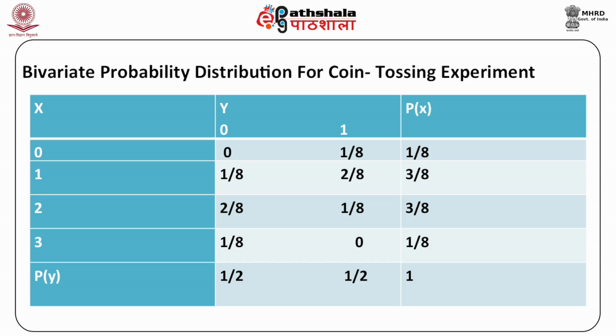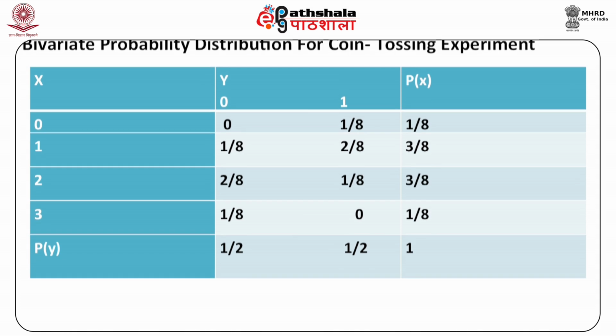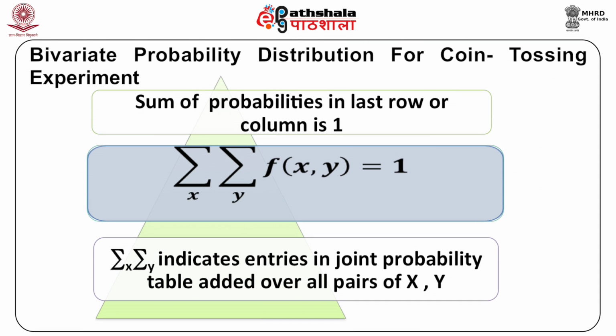Thus, from the previous table, we can make a bivariate probability distribution, or the joint probability distribution of X and Y, for the experiment. This table is specified by listing the probabilities associated with all possible pairs of values x and y. In the table, the sum of the probabilities in the last row or column is equal to 1.